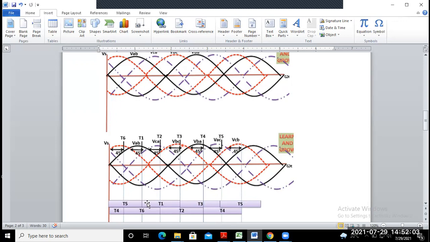So from this point, T1 starts to conduct and goes up to this point. Okay. So this is your thyristor T1 conduction mode, and similarly this one is your T3.